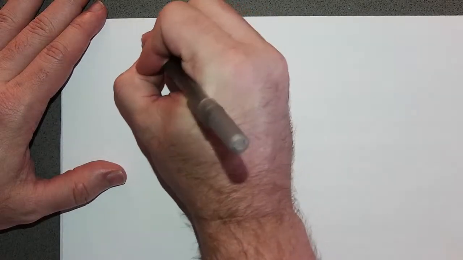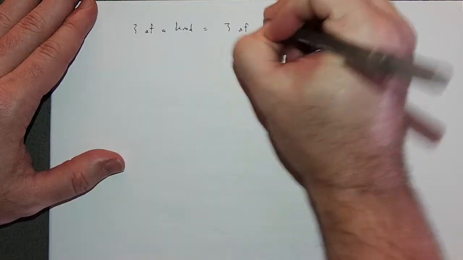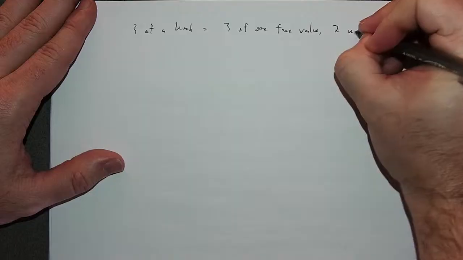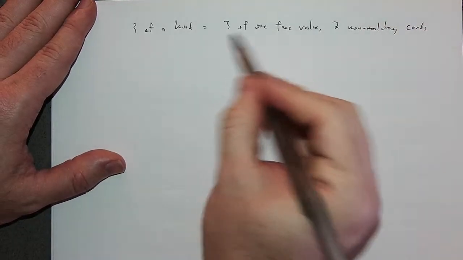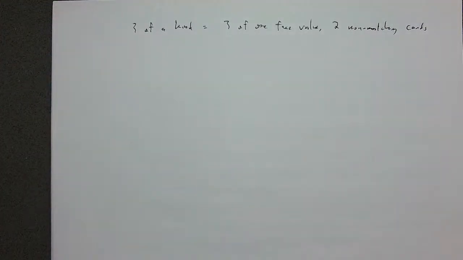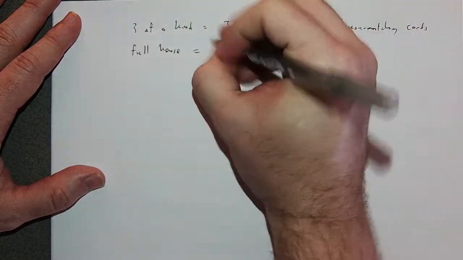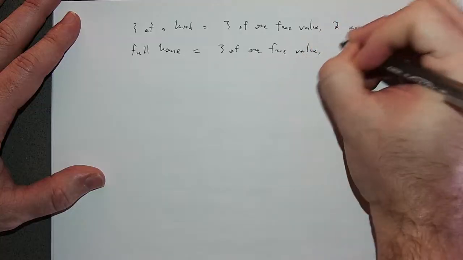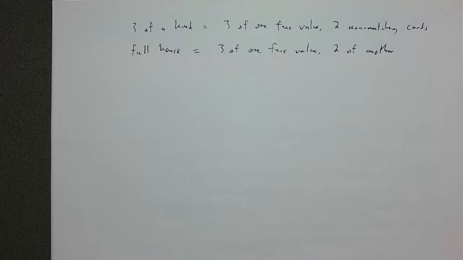So 3 of a kind is 3 of one face value, two non-matching cards, in the sense that they don't match any of these 3 and they also don't match themselves. And full house is 3 of one face value, 2 of another, i.e. a pair.